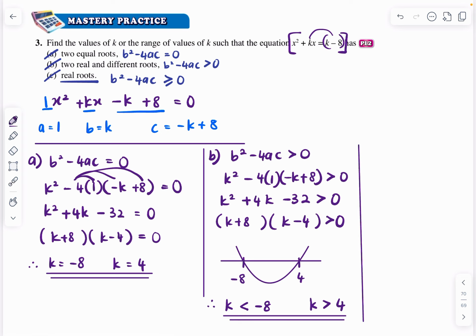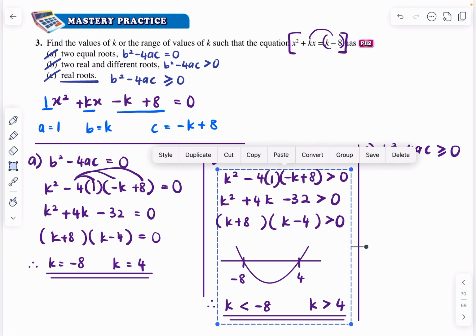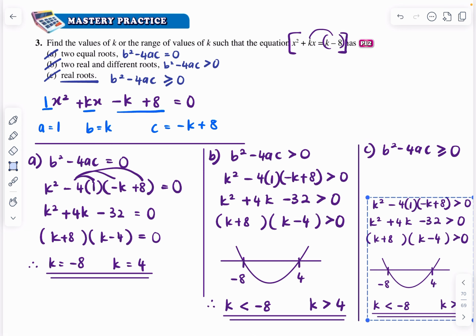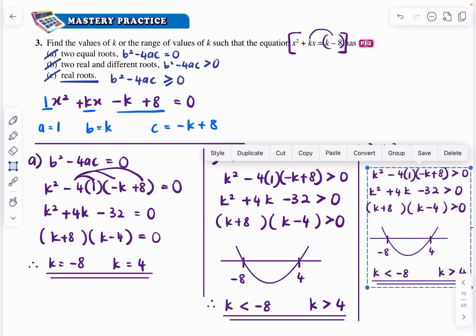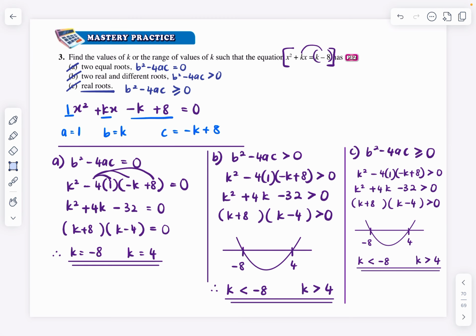Lastly, question C. This one, b square minus 4ac would be more than or equals to 0. So basically, you can just write everything that you wrote here. Let's make it a bit smaller. The only thing you need to do extra is just add the equals.